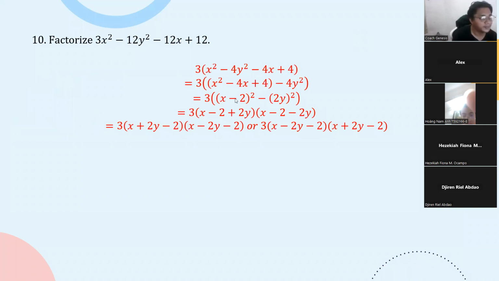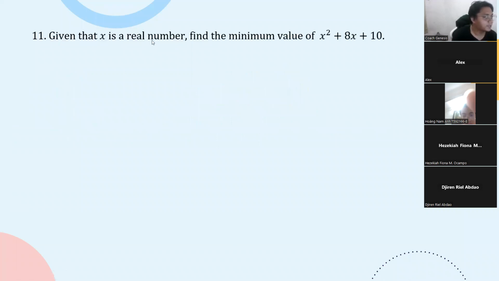Okay, let's move on to number 11. Given that x is a real number, find the minimum value of x squared plus 8x plus 10. Okay, so for this one right here, imagine x squared plus 8x plus 10 as, let's say, a function, right? If you try to graph that one, that will become a parabola.